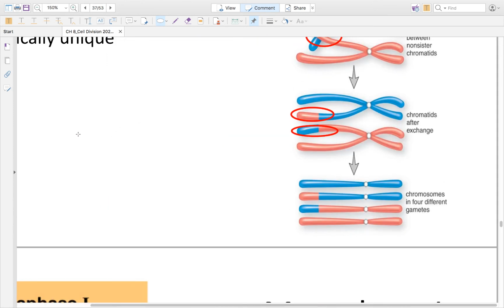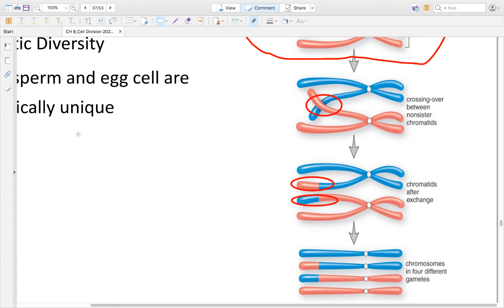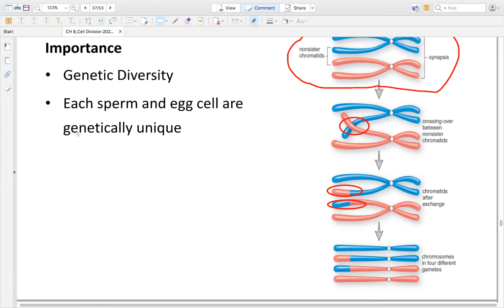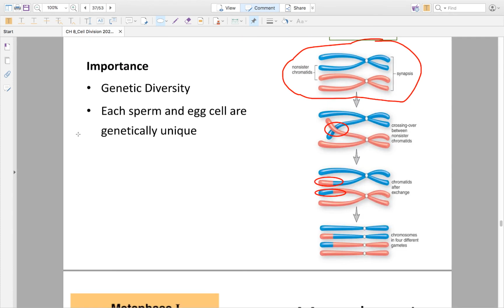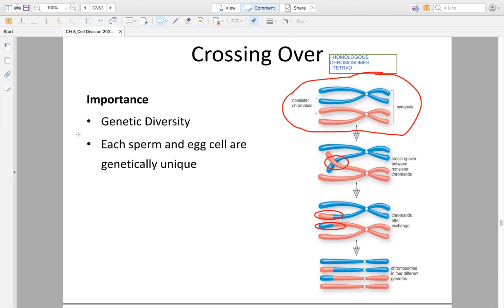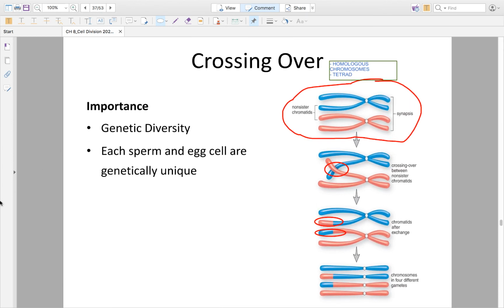And this is the reason why genetic crossing over is the reason why you are completely unique. Why every single human being on the planet is completely unique other than identical twins. And it's because every single time the gametes are produced, the sperm and egg are produced, there's a crossing over.